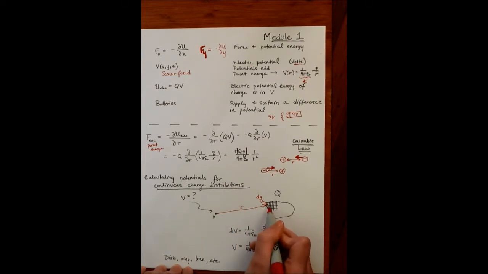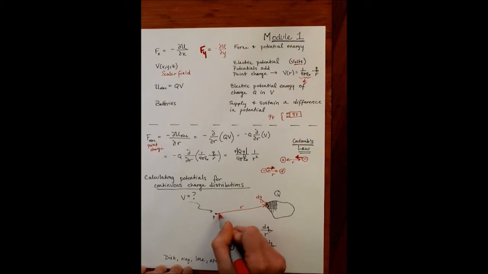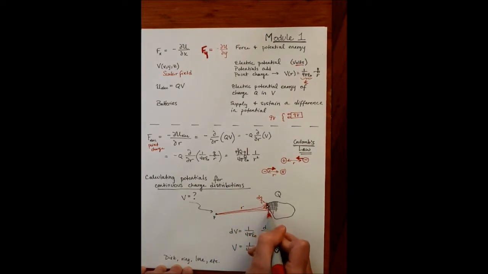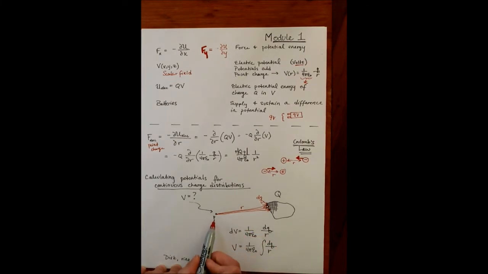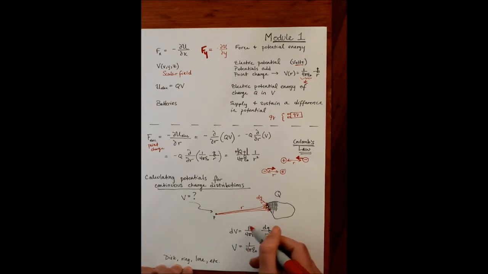And I can do the same thing for each one of these little pieces. So each little contribution to the electric potential is a little dV, and each one of those contributions comes from a tiny piece of charge dq. This is just the potential for a point charge, except instead of a q, I have a dq because it's just a little piece of this.